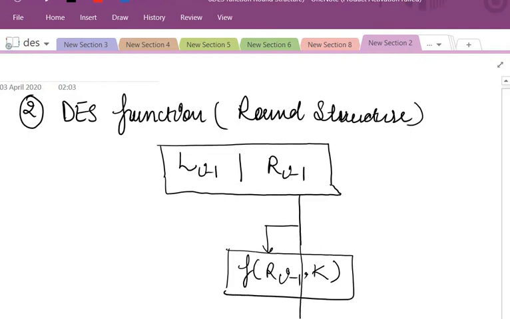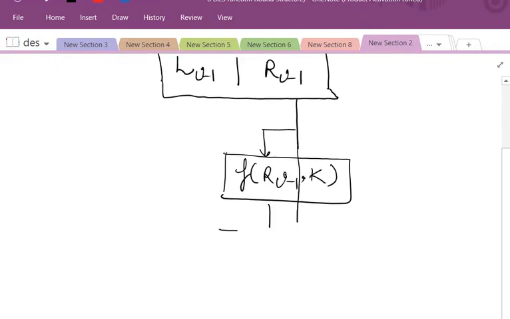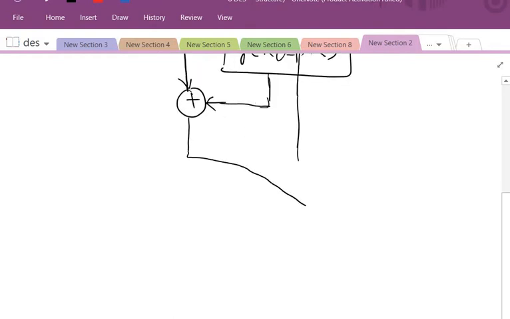And after this, the output from this function will get XORed with the left hand side value, and the left hand side and the right hand side have to be swapped. After the swapping, it will act as left hand side and it will act as right hand side.